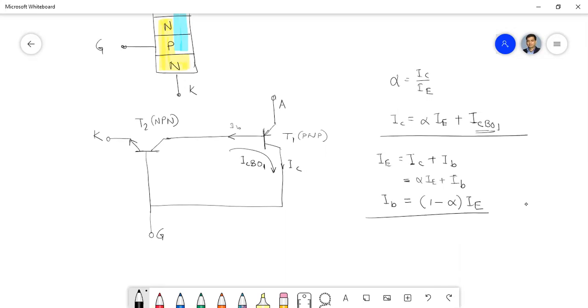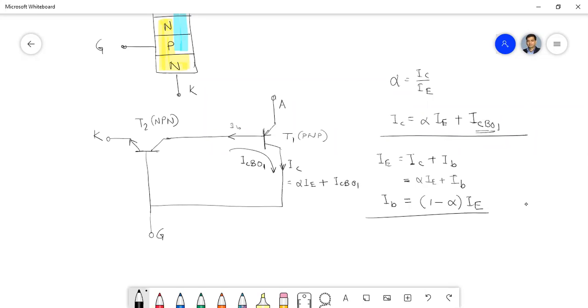Now this current should be IC, but it is IC plus this value. So this IC should actually be alpha IE plus ICB01, because this current also will be added to the collector current. Generally the collector current is alpha IE, but if we consider ICB01, it will be added.